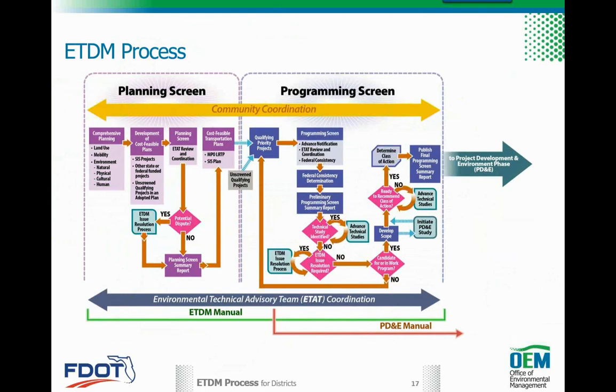Where is this project going? Are there concerns? Are there critical flaws that need to be identified? Are there opportunities where concerns are identified and we can go back and potentially revisit the project as it's being proposed?